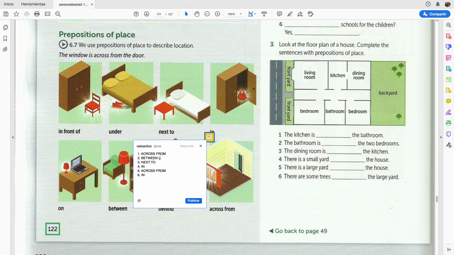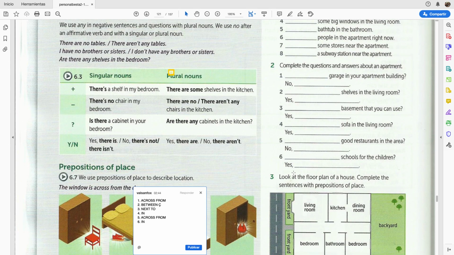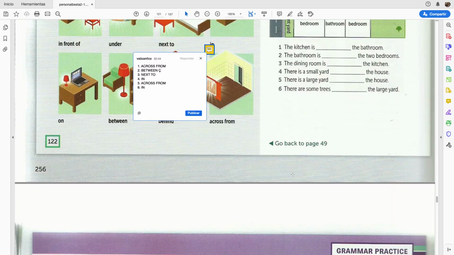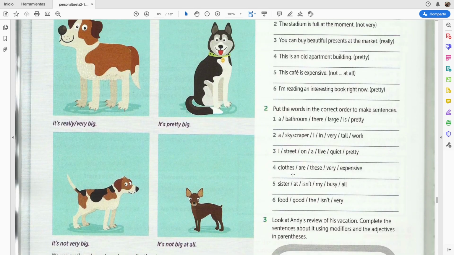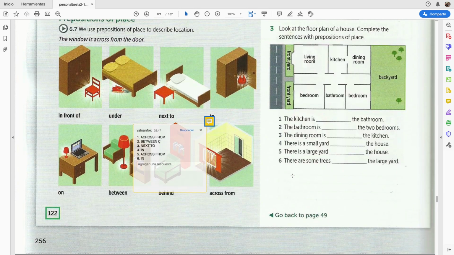So there you have the answers for all these exercises. Okay, guys. So practice the vocabulary, practice the words, and then we are going to continue with another activity in some minutes, okay?